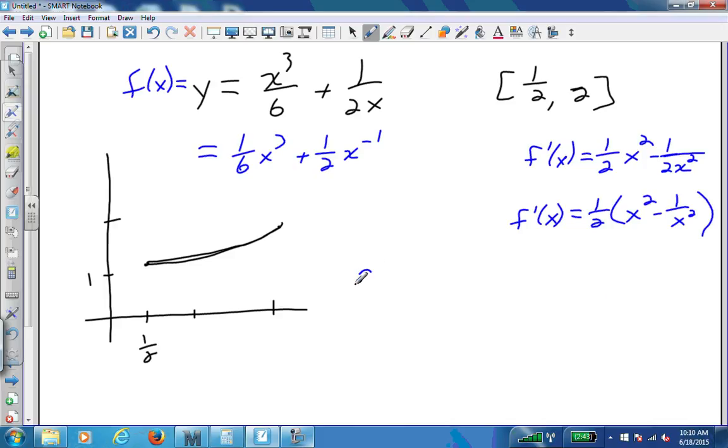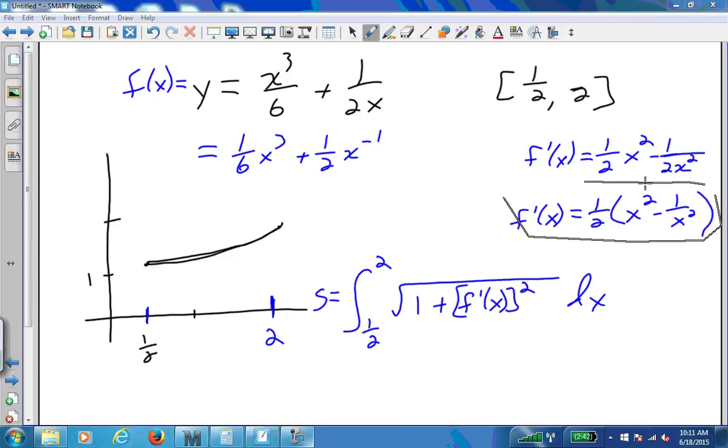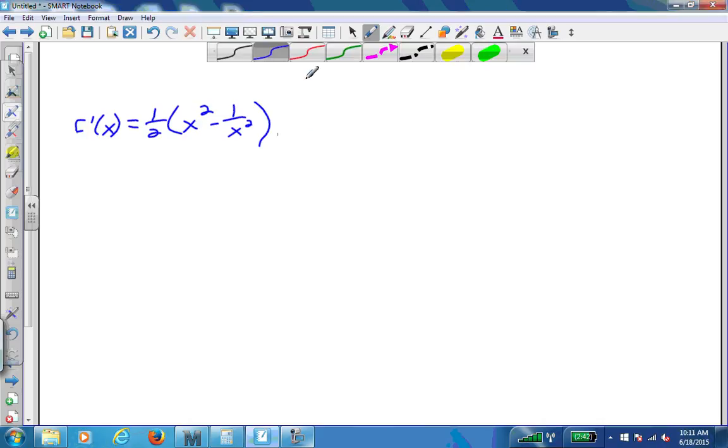So if we want our arc length, we're going to integrate from the left side to the right side, 1/2 to 2, square root of 1 plus our derivative squared dx. So let's come over on another sheet and let's square our derivative.